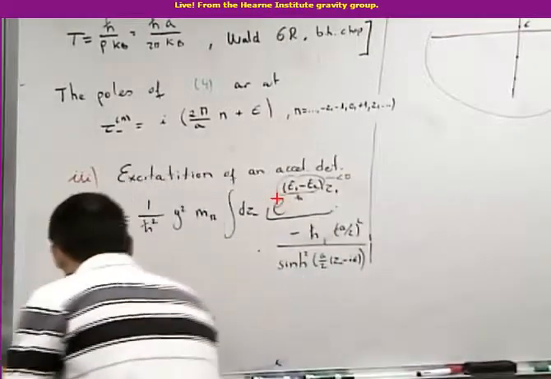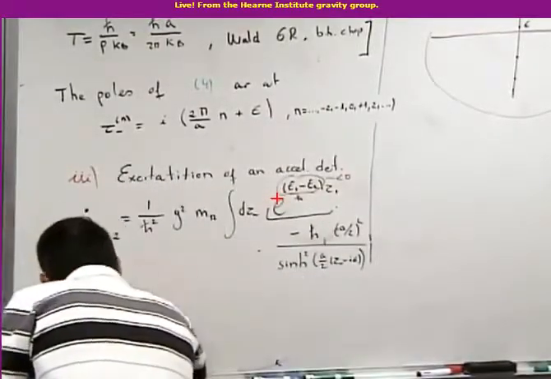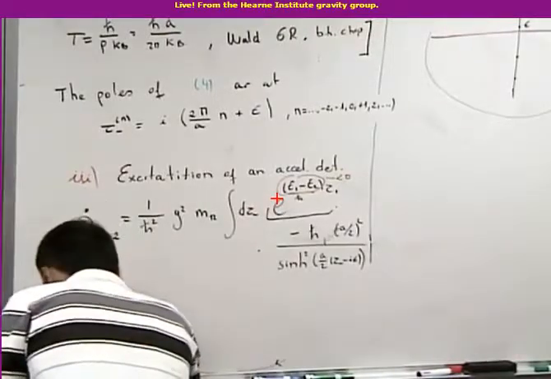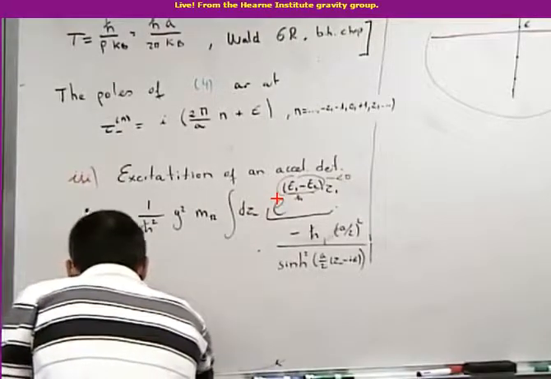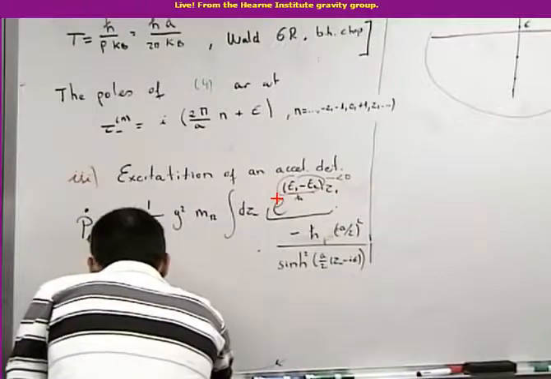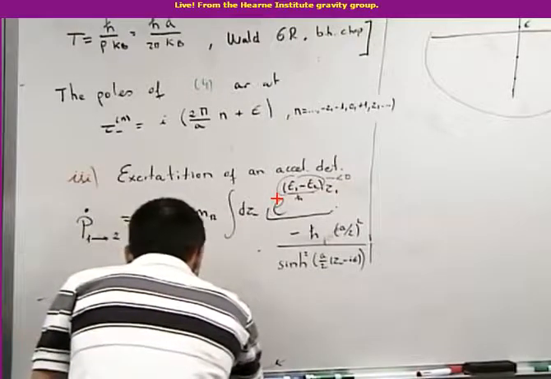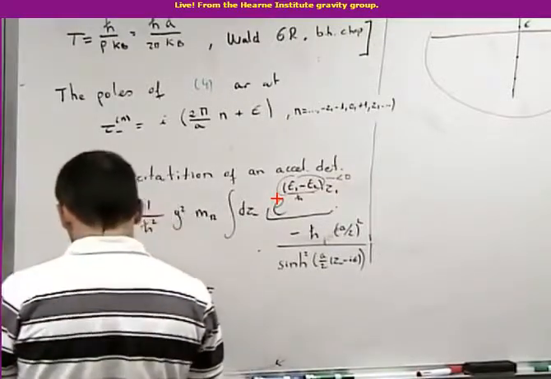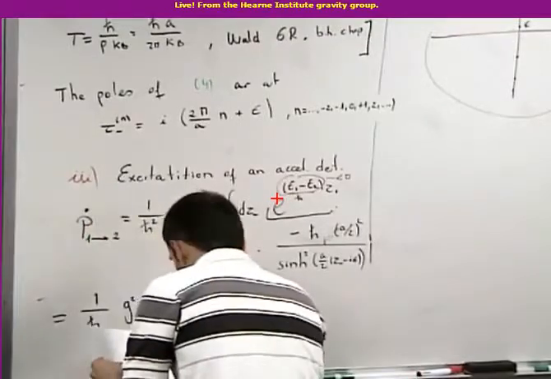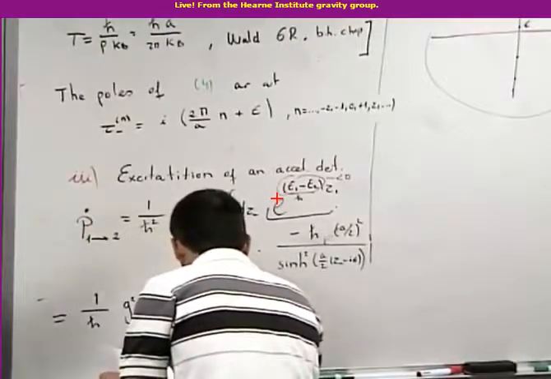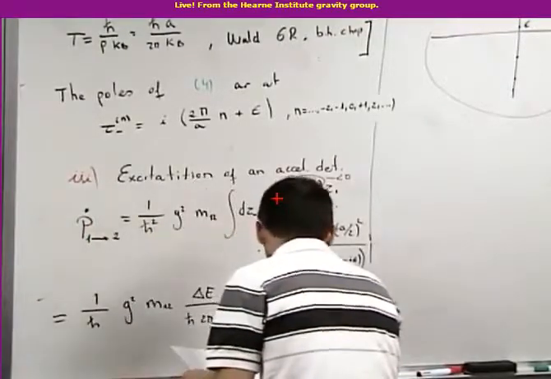If you do the computation, just compute the residues, put them in Mathematica, and you get delta E over h bar, over 2 pi. I find this quite elegant.